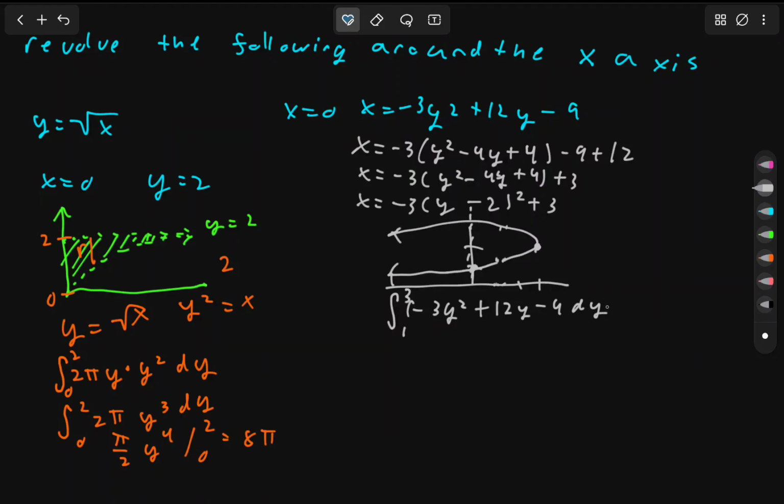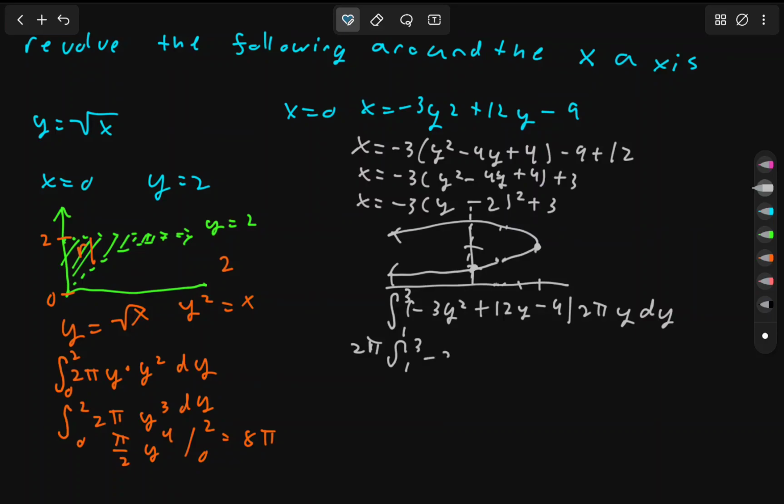And we're multiplying this by 2 pi times y. And we're integrating with respect to y. So now I'm just going to pull the 2 pi out till the very end. And we're integrating from 1 to 3.